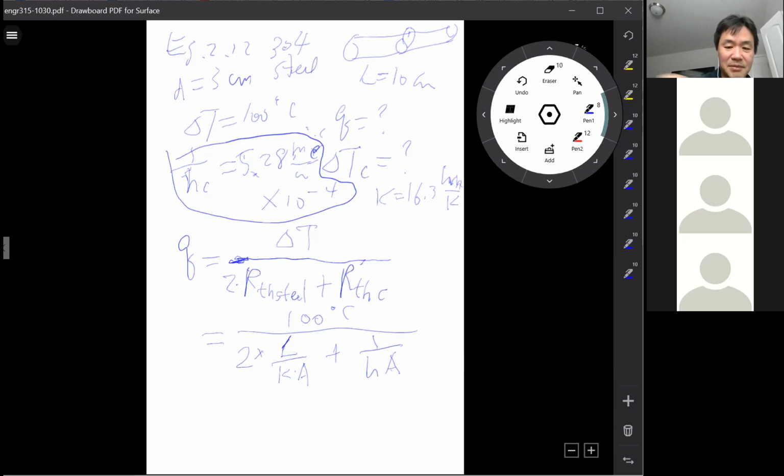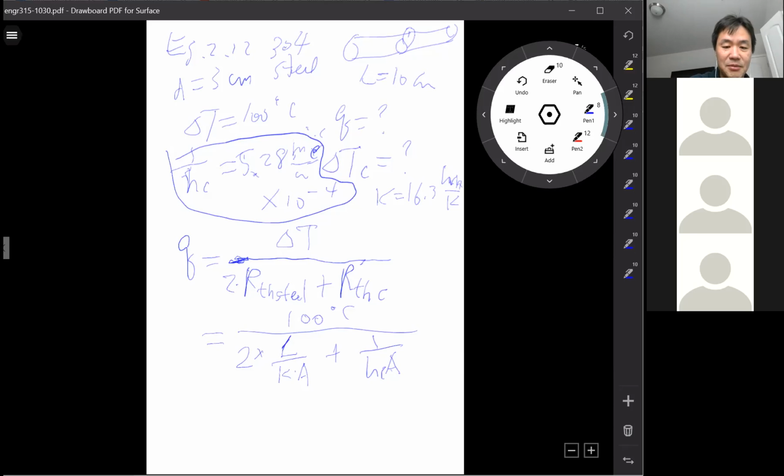I guess you should be able to find the value. L is 10 centimeters, 0.1 meter, right? k is 16.3, and 1 over HC is given this value. The area is quarter pi D square, which is 0.03 meter square. So you know everything.